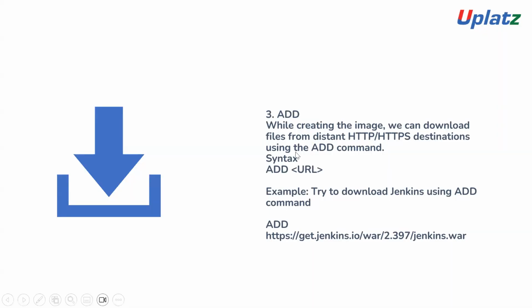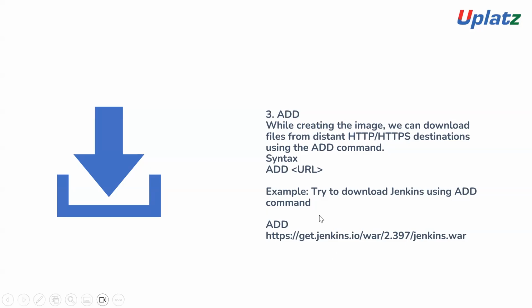Now the add command. While creating an image, we can download files from an HTTP or HTTPS destination using the add command. Let's say I wrote this command to download, and I have given the URL for downloading the Jenkins war file.